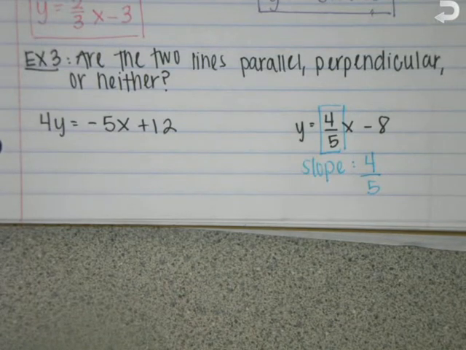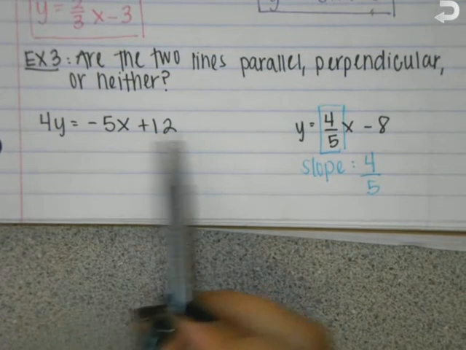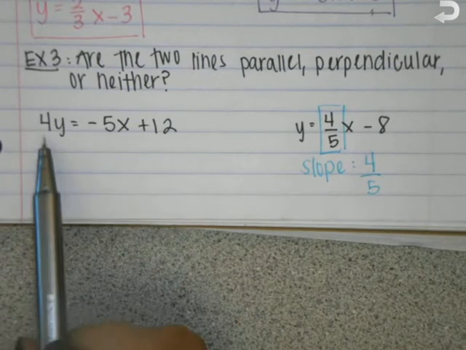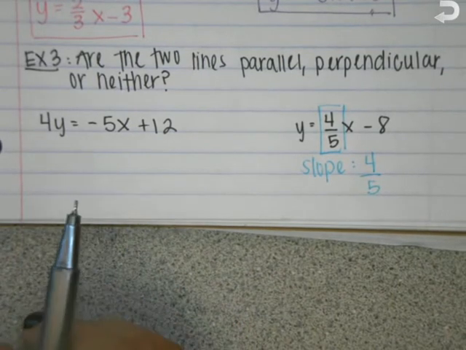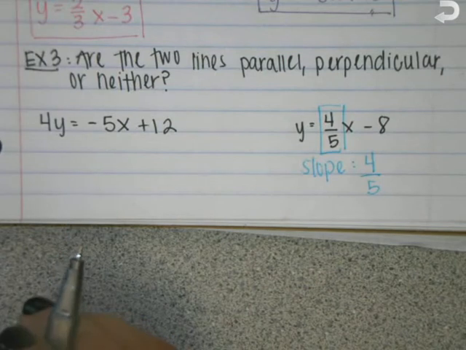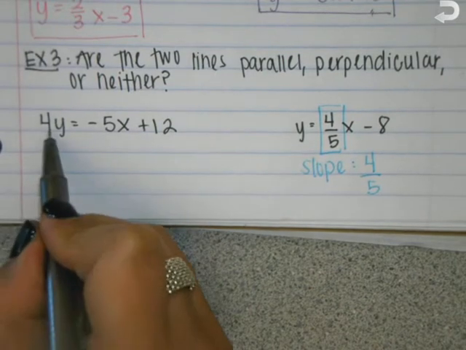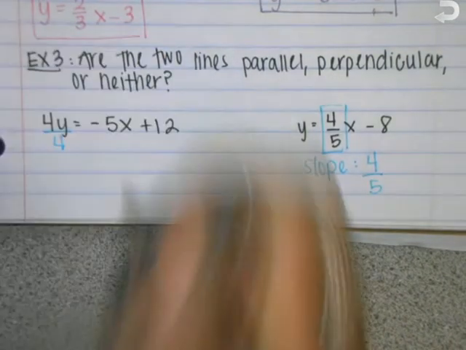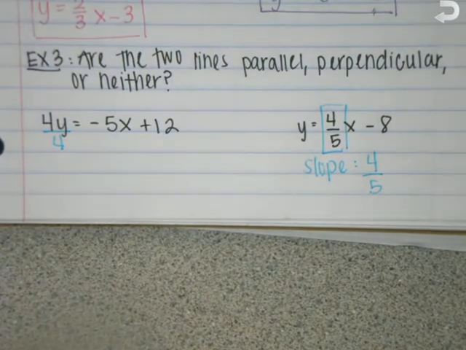If it's not given to you in that form, you'll have to do a little bit of manipulating to get it in that form. And that's what we're going to do for equation 1, because I'm very close to slope-intercept form. What's the only thing that's preventing me from being in slope-intercept form? The 4y. So what can I do? Yes, and when I divide by 4, everything gets divided by 4.